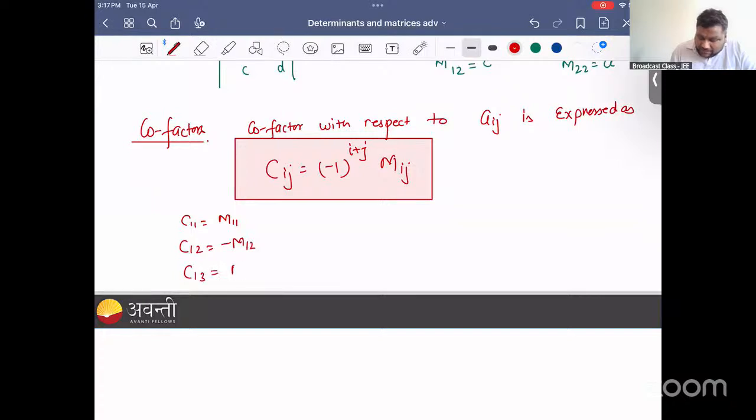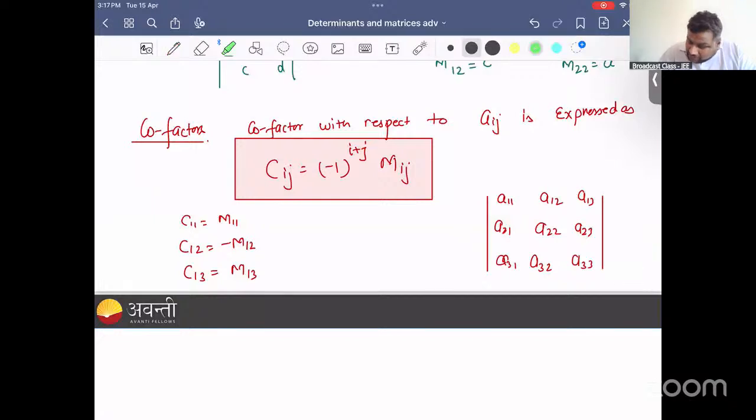C13 is M13. That means in case of a 3 by 3 matrix, say A11, A12, A13, A21, A22, A23, A31, A32, and A33, the cofactor with respect to these four elements will be the negative of the minor.